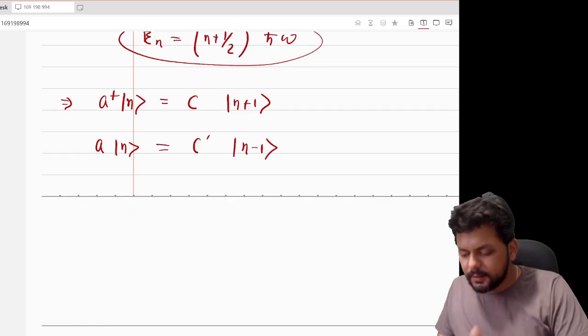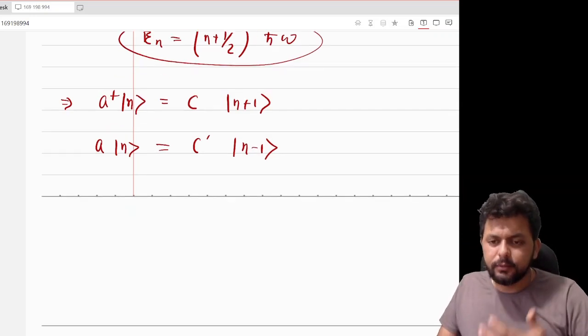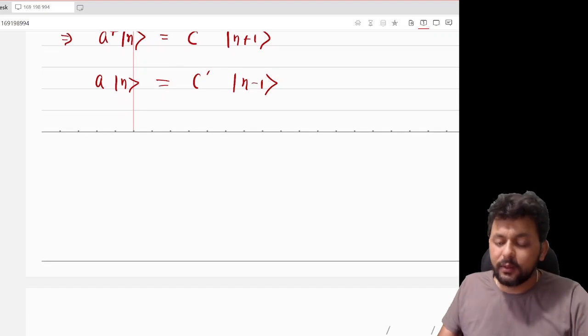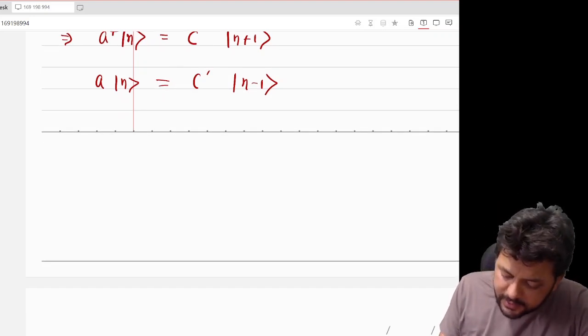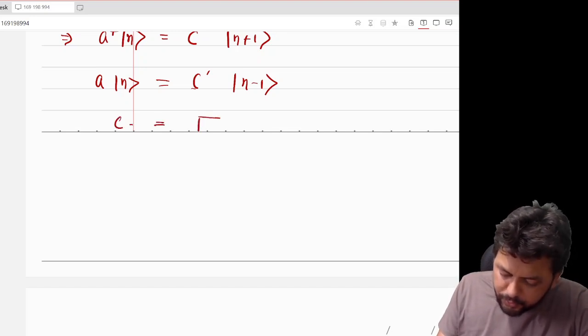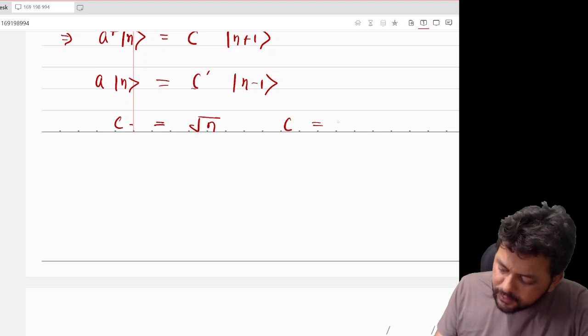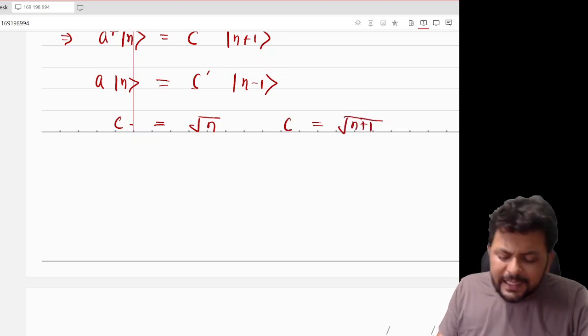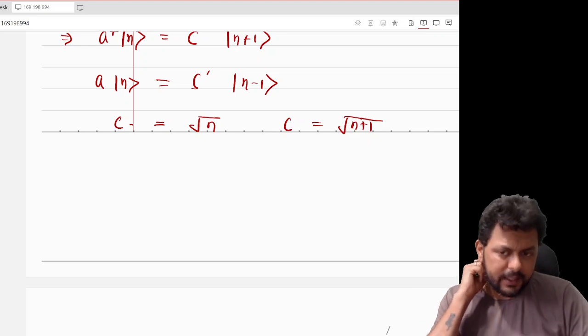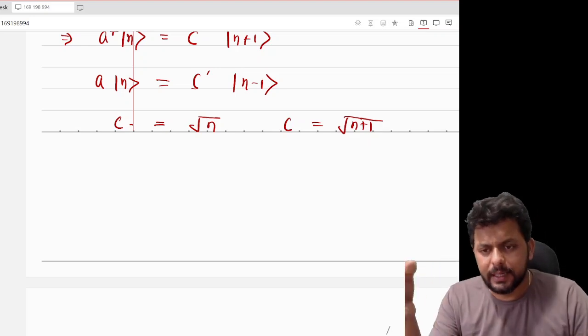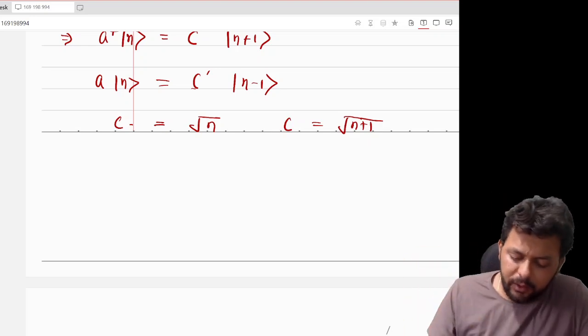Now you know every quantum mechanical wave function is a normalized wave function. So if you want to find the value of these terms C and C dash, you get C dash is equal to root of n and C is equal to root of n plus 1. Easily you can find out. Let's take an eigenfunction ket vector of n, then you apply the operator on this.